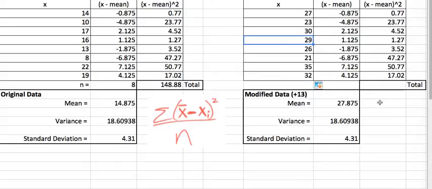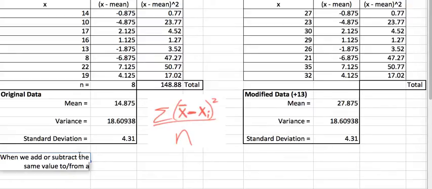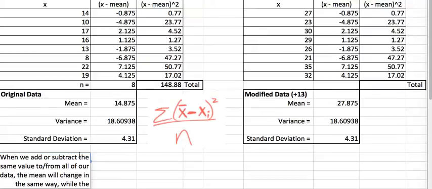So as a general rule, what we can come up with here is when we add or subtract the same value to or from all of our data, the mean will change in the same way, while the standard deviation, and by extension the variance, stays the same.